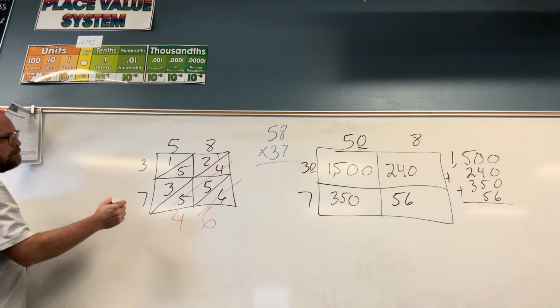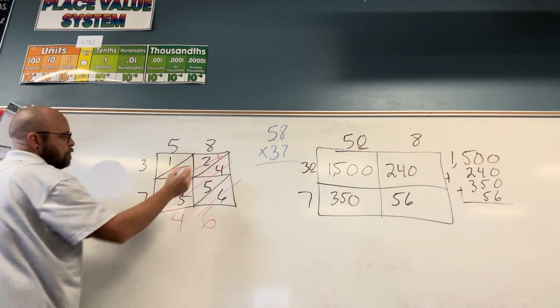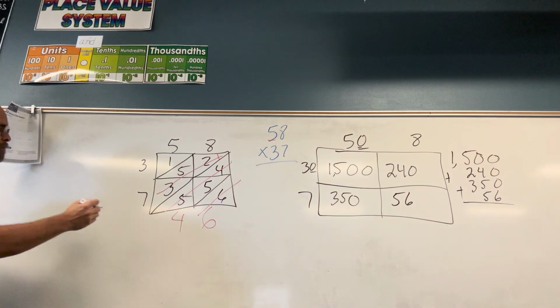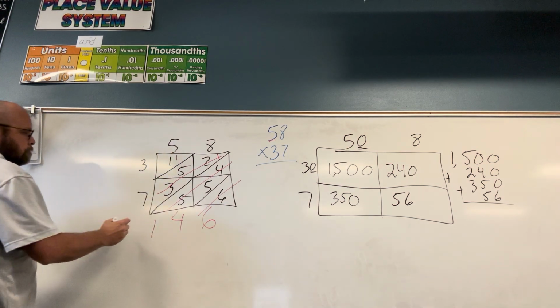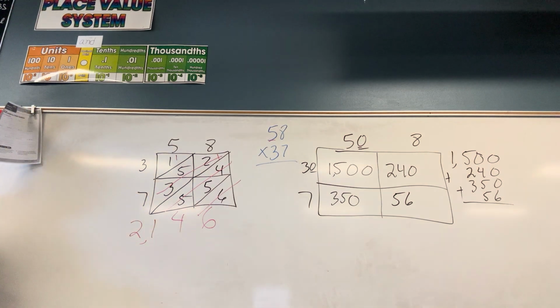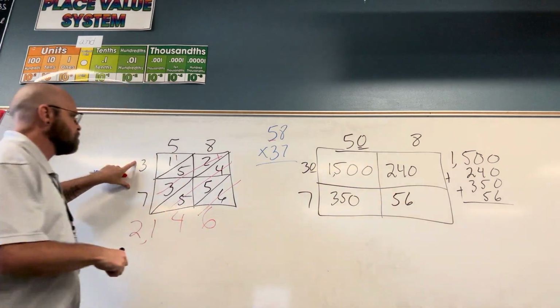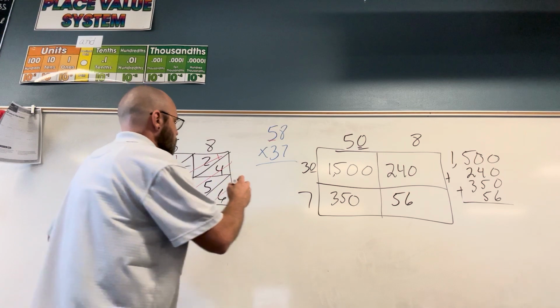Now we have this 3, 5, 2, and 1. 11. 1 and 1. 2. So we should get 2,146 if we did this right. Did I do it right? Let's check, because I often make mistakes, because I think this 37 should have been over here to do it correctly.